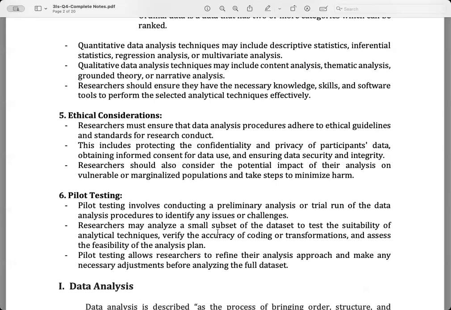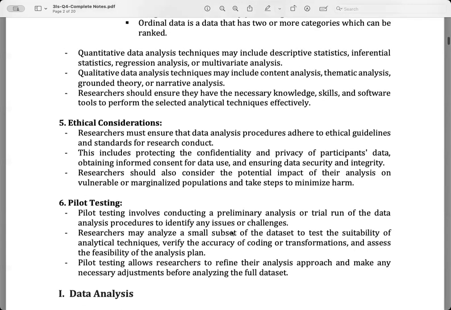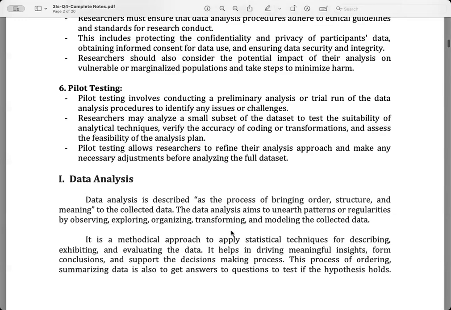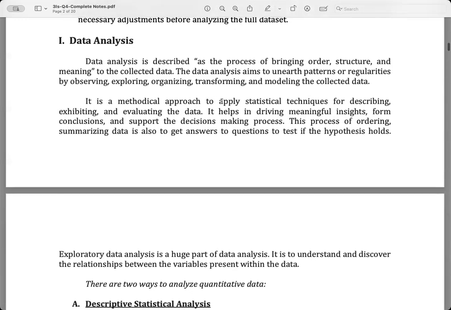Okay. So I guess we are done with the preliminary actions on our data analysis. And now let's proceed to the actual data analysis. So remember that data analysis is the process of bringing order, structure, and meaning to the collected data.